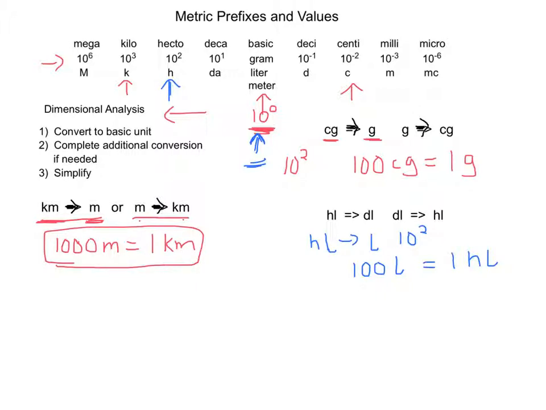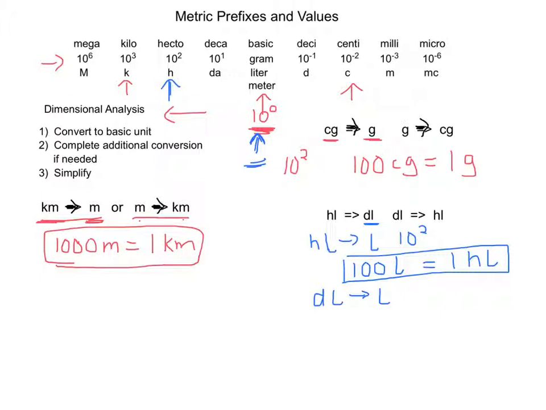And so this would be my conversion factor to get from hectoliters to liters, but notice it doesn't include the deciliters. So now I want to look at how my deciliters relate to my liters. What am I going to need to do there?